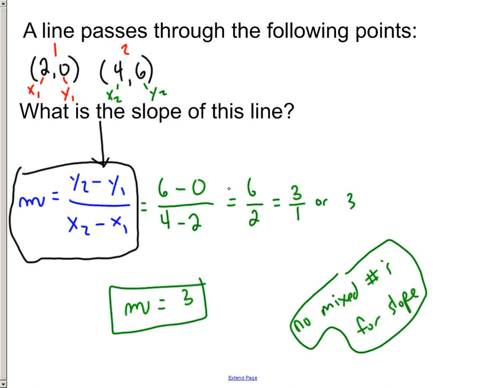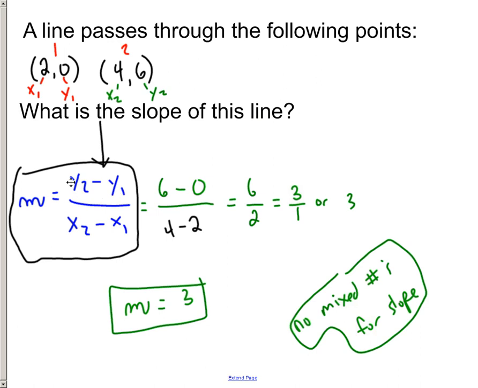Because if you make one mistake, for instance, if we flipped our x's, 2 minus 4, uh-oh, that's 6 over negative 2. Then you've got a negative 3 slope, and that's wrong. The other issue is that a lot of times I'll see people put x2 minus x1 on top of the formula. Sorry, it doesn't work that way.